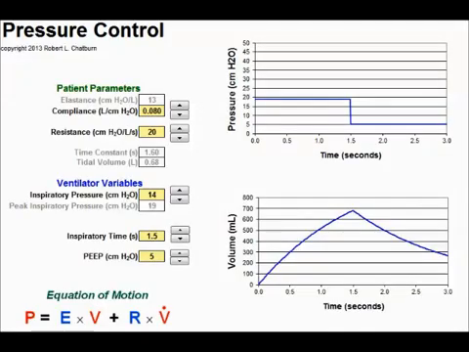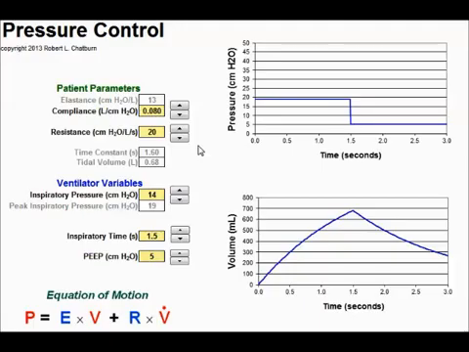This is a mathematical model of pressure control ventilation. And we'll notice my patient parameters here. We set it up for that same patient with COPD with a higher compliance. We put it at 80 and a resistance of 20. So we're seeing what happens when the resistance is decreased.